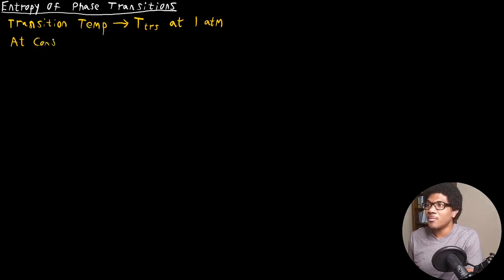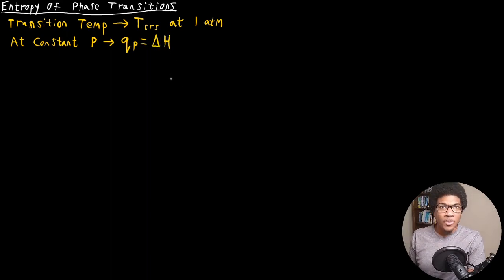So at constant pressure, we know that Q sub P is equal to the enthalpy change. The total heat transfer is going to be equal to the total change in enthalpy at a constant pressure.